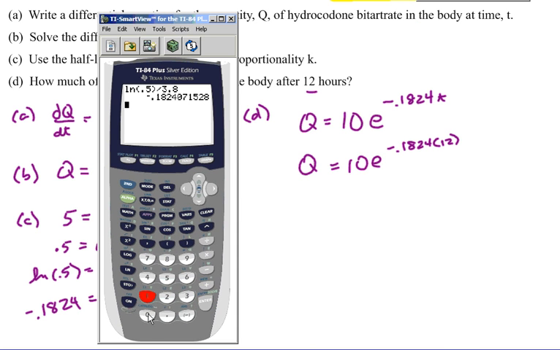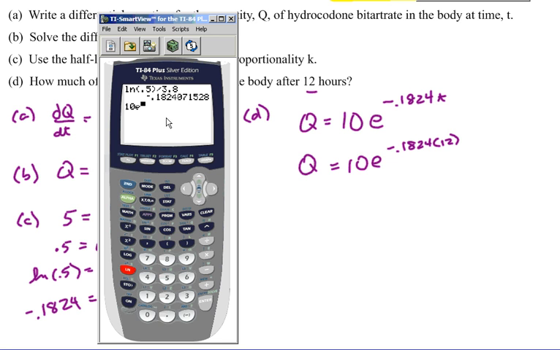So then we can just go ahead and put that in here. 10 second, there's my e to the x.